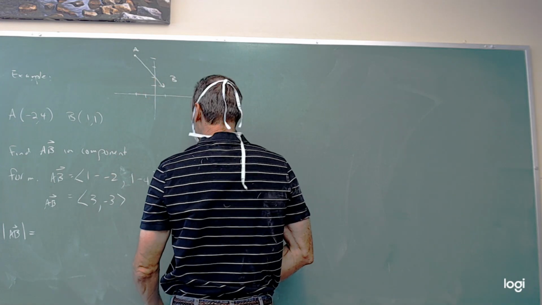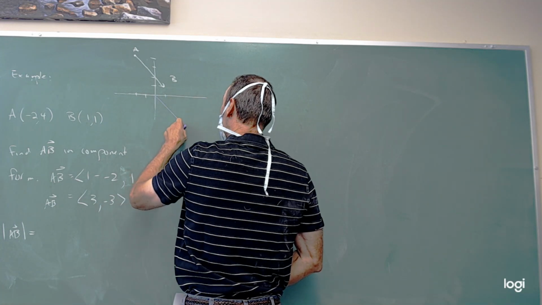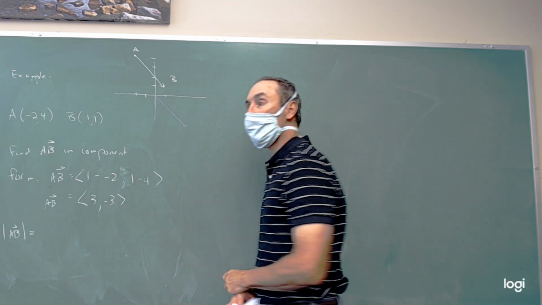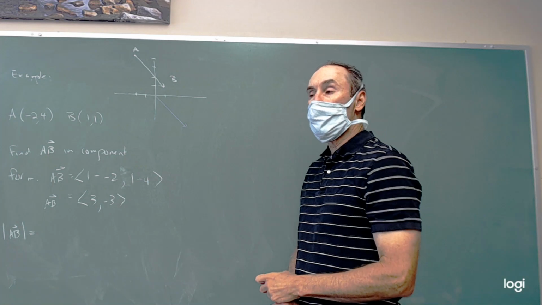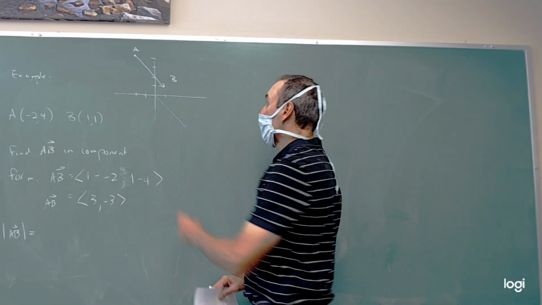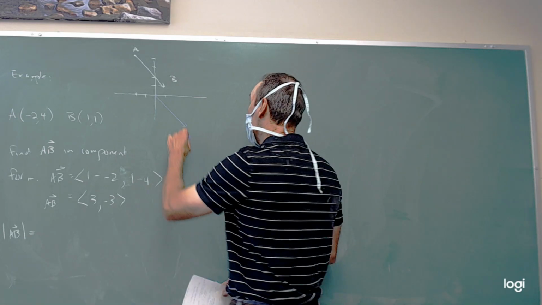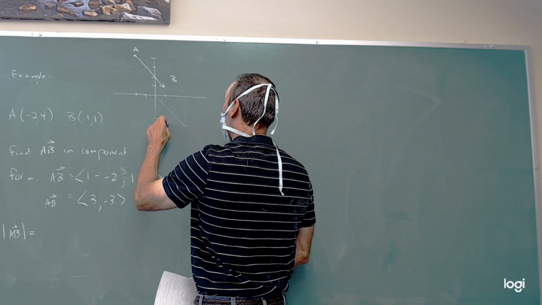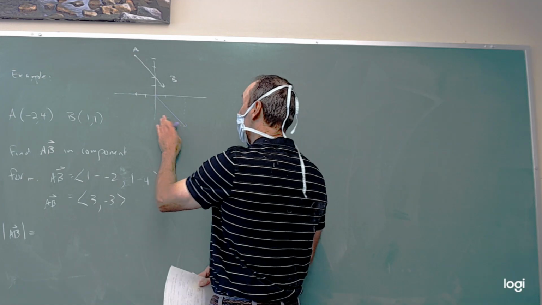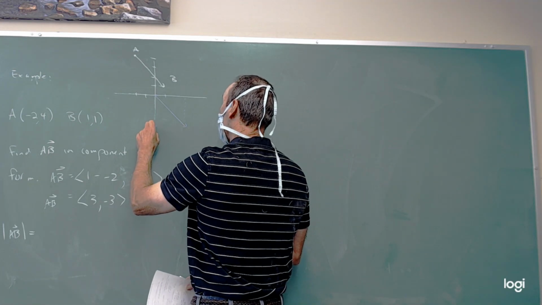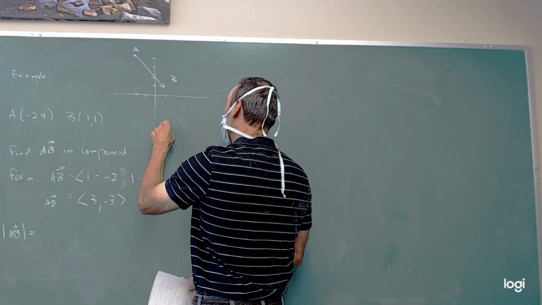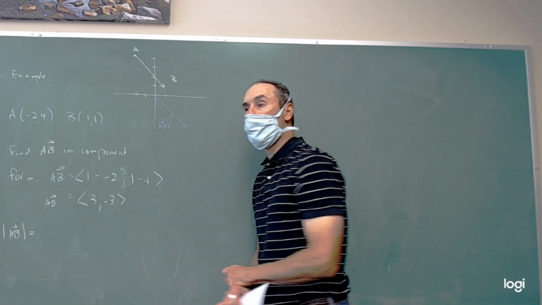Now, these are movable, so we can slide these and say there's our vector AB in what we call standard position, because now its initial point is at the origin. And so now you can see that this distance right here, which we're going to call the magnitude of AB, is that length right there.